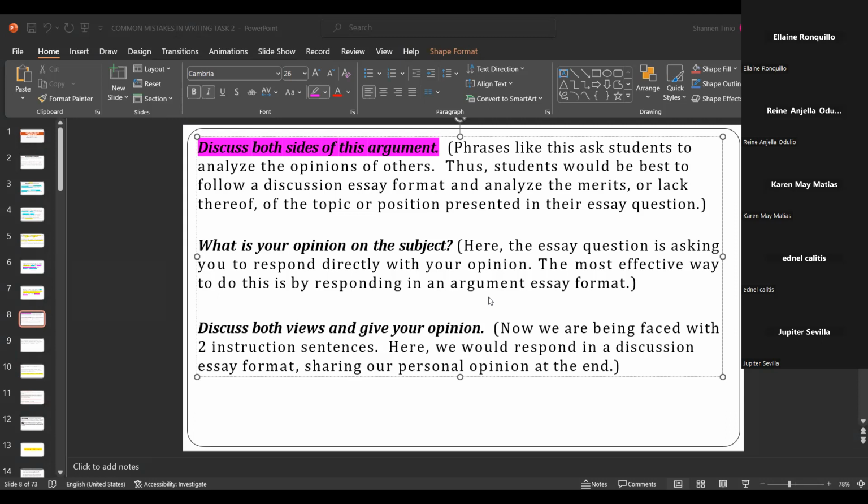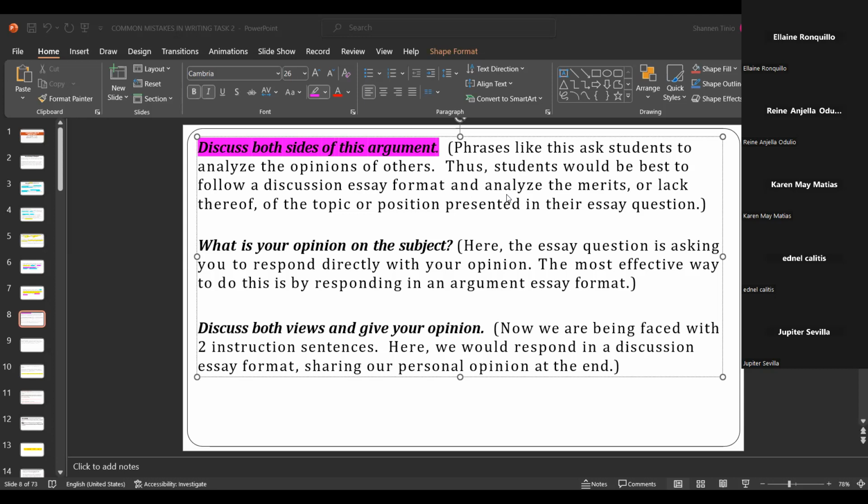Okay. So, if you read the instruction, discuss both sides of this argument, it asks you to analyze the opinion of others. Ibig sabihin, you can discuss the negative and the positive side of an argument. It requires you to discuss two sides, not just one-sided.